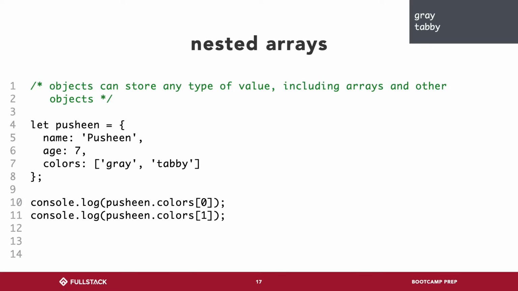An array. And how do you access things in an array? With numeric indices. Pusheen.colors at 0, Pusheen.colors at 1 gives you gray and then tabby. And this is fine. You can have a key where its value is an array, just like in arrays, indexes can be other arrays. That's normal. Maybe not normal, but it's allowed. It's valid JavaScript, okay?